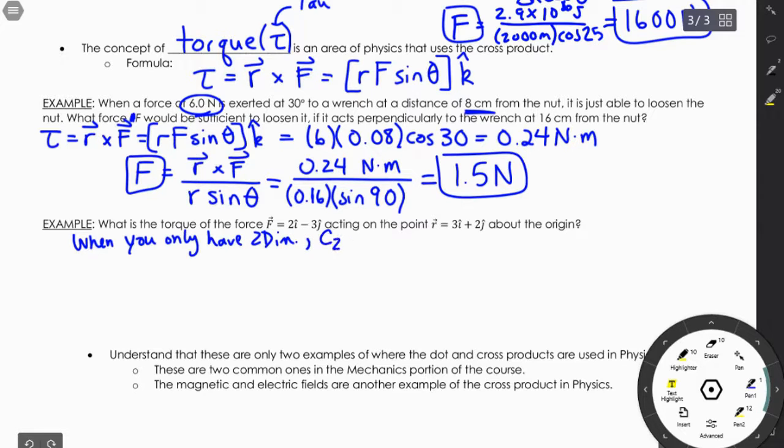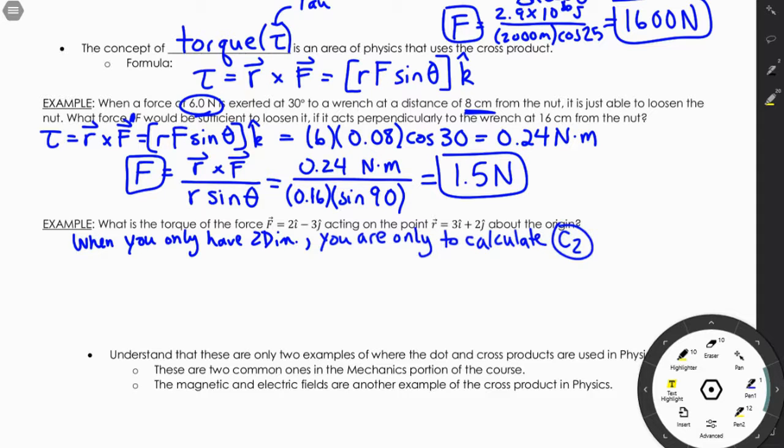You're going to find Cz, because before we had Cx, Cy, Cz. So you're only going to find this Cz, which is the perpendicular component from R cross F.